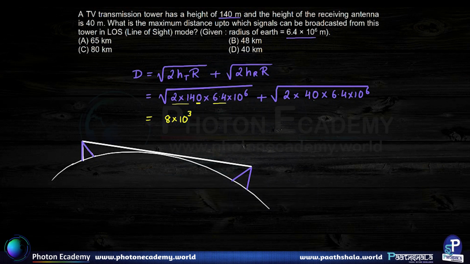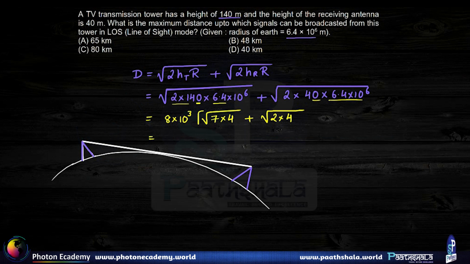Similarly, if we perform the same operation over here, we'll be left with root of 28, which is root of 7 into 4, plus root of 2 into 4. So root 4 can be taken outside, root 4 is 2, and 2 into 8 is 16. So this is 16 into 10 raised to 3 into bracket root over 7 plus root over 2.